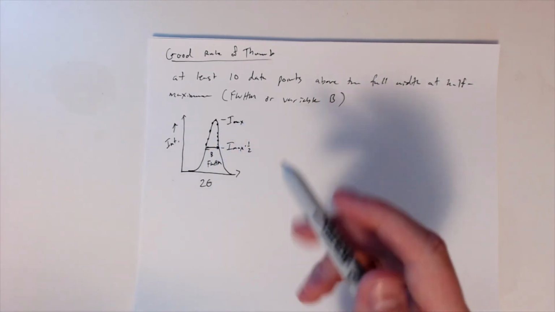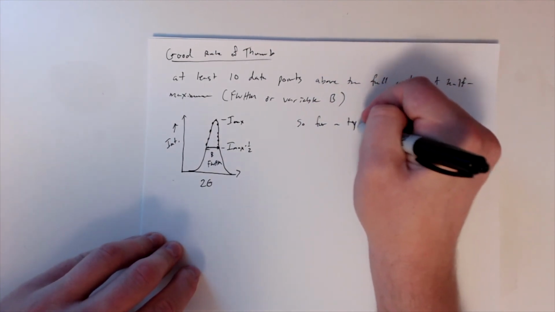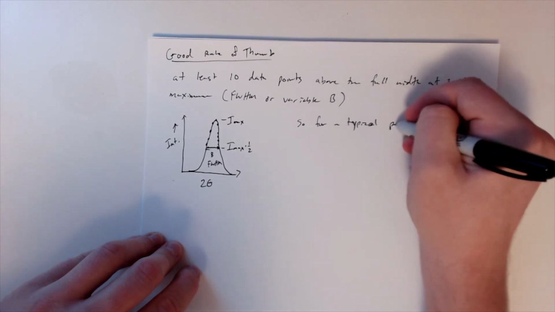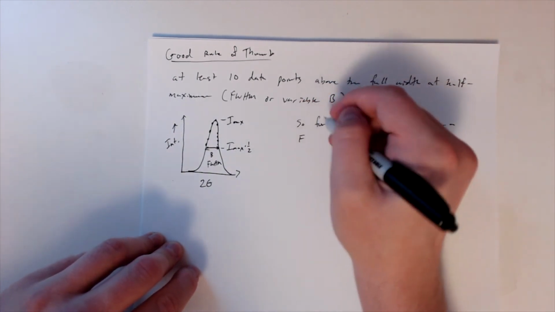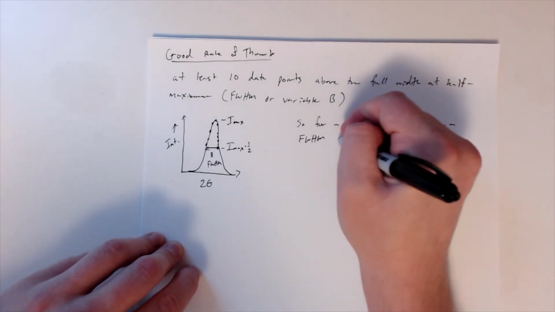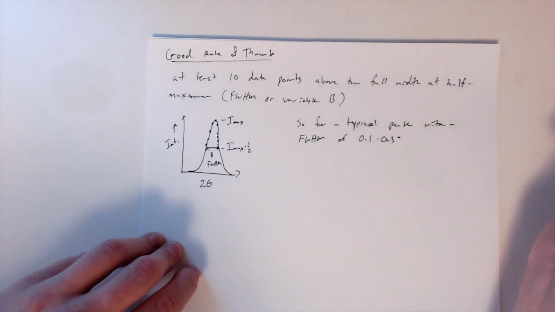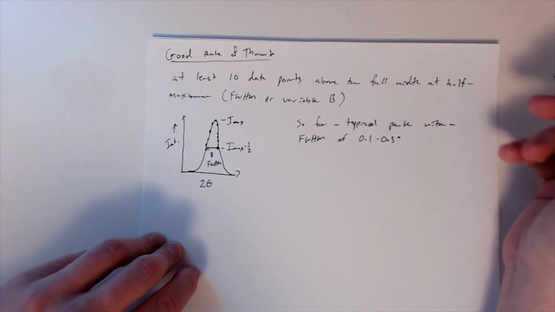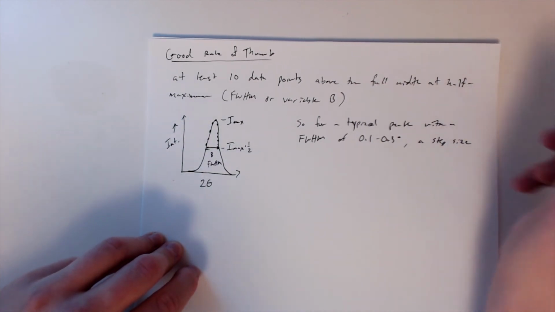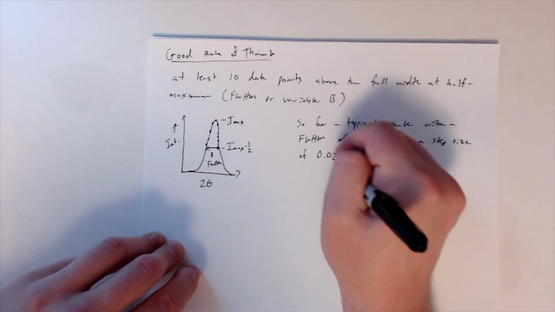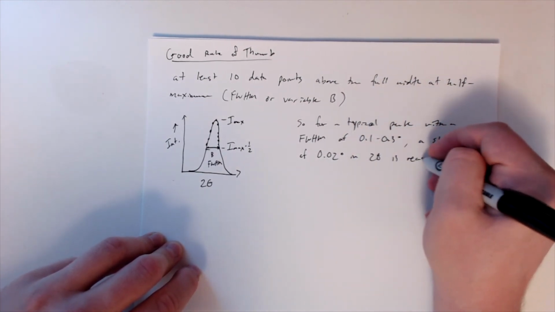But for a typical peak with a full width half max of between 0.1 and 0.3 degrees, which is a pretty common full width half max, a step size of 0.02 degrees in 2 theta is reasonable.